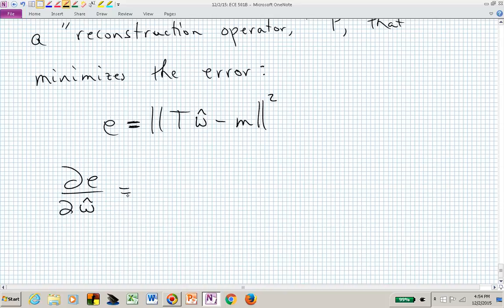And what you will end up seeing is that you end up with 2 times the adjoint of T multiplied by T W hat minus M. So there's the derivative, and we want to minimize that, so that says that we want to set that equal to 0.